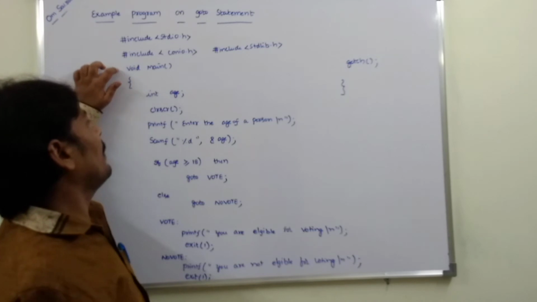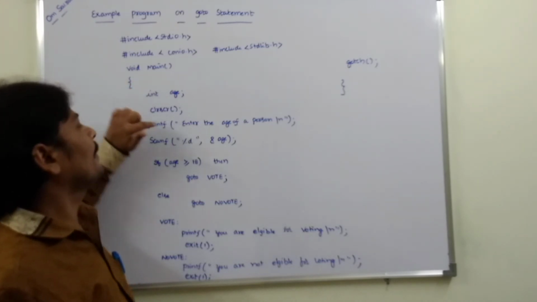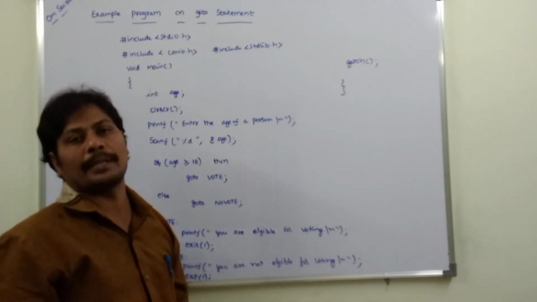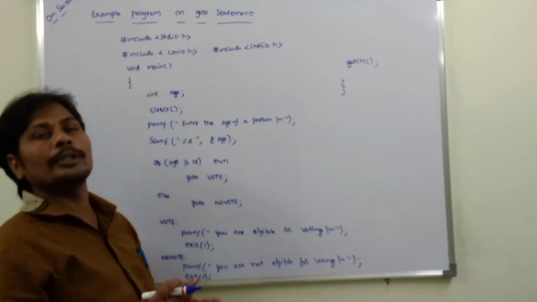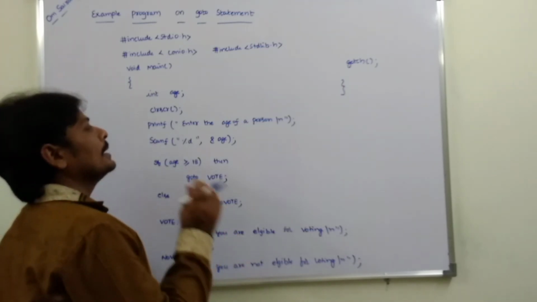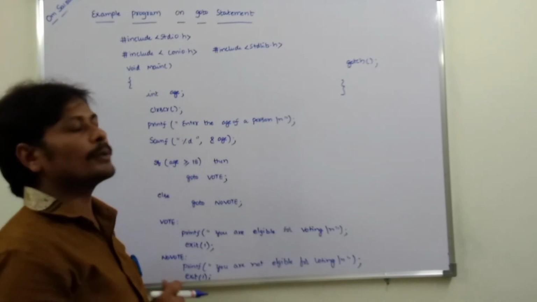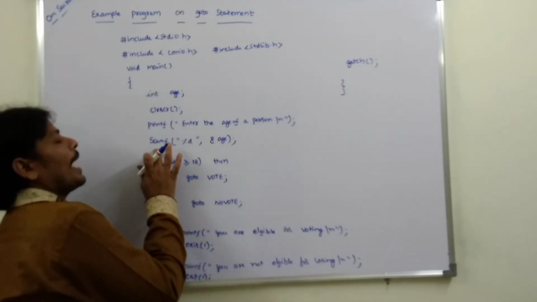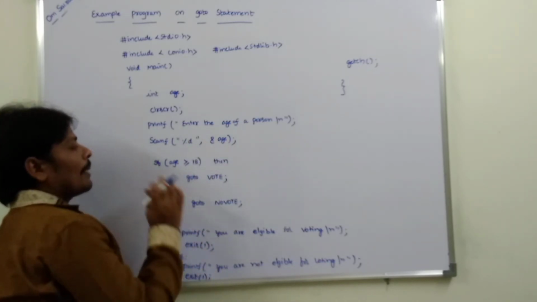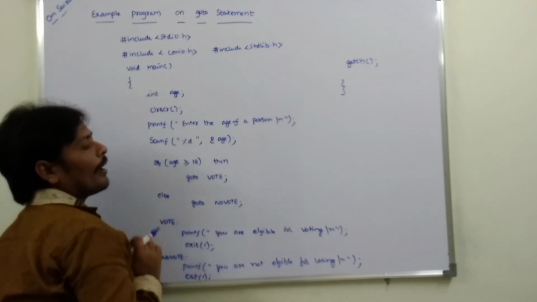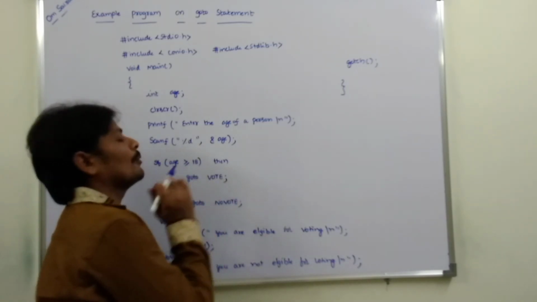Okay. Void main, int age, clrscr, printf enter the age of a person. Whatever age you want to enter can be entered from the keyboard using the scanf function, scanf %d &age. Suppose age is greater than or equal to 18, then goto vote.